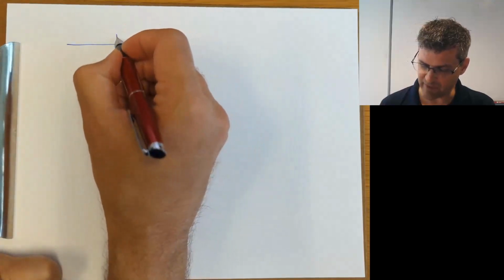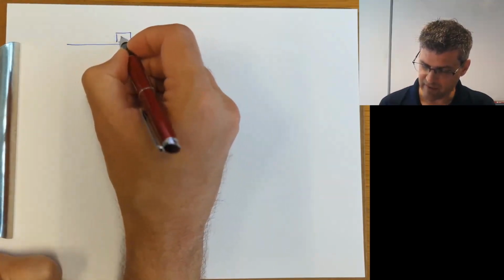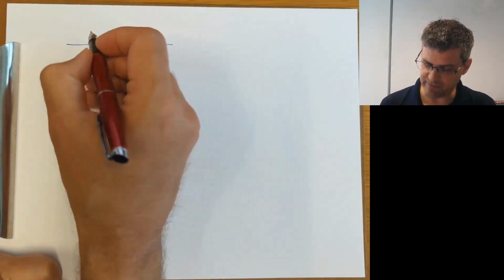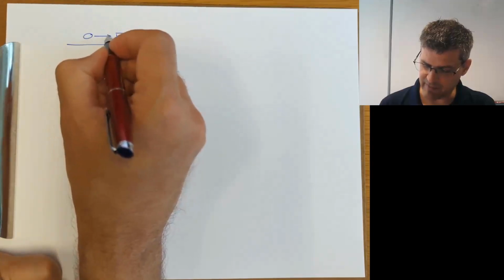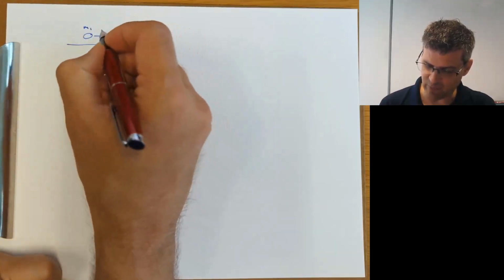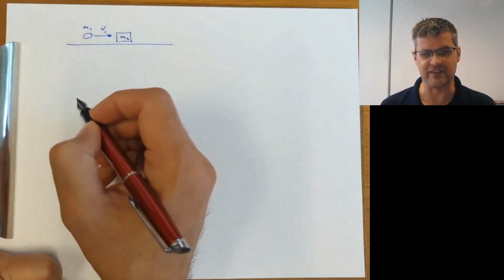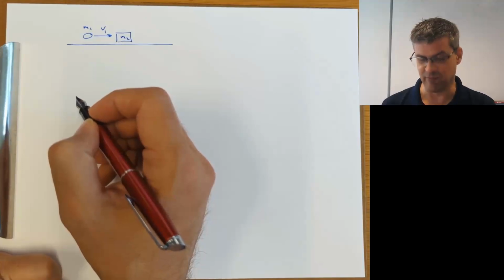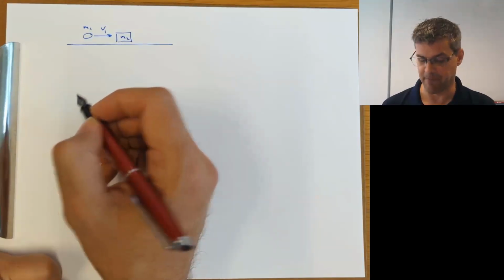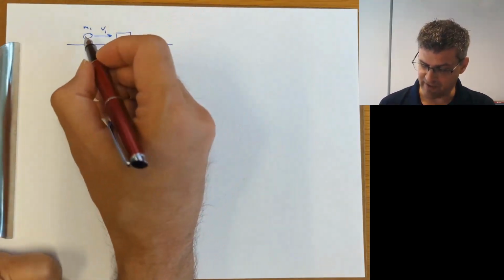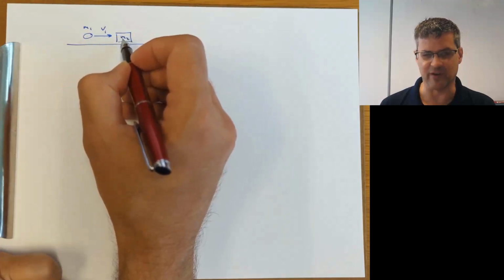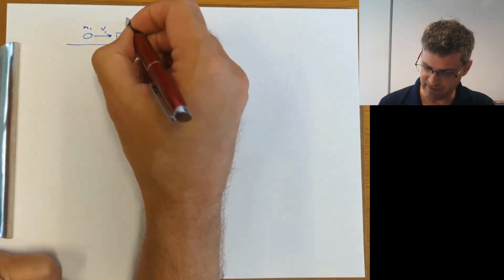Let's say we had a block of mass m2 that is hit by some other mass, m1, moving at velocity v1 before a collision. After the collision, this m1 and m2 are going to become one object.